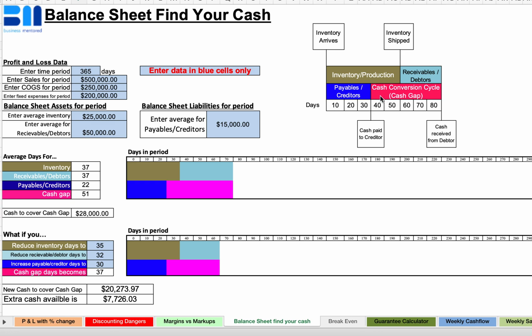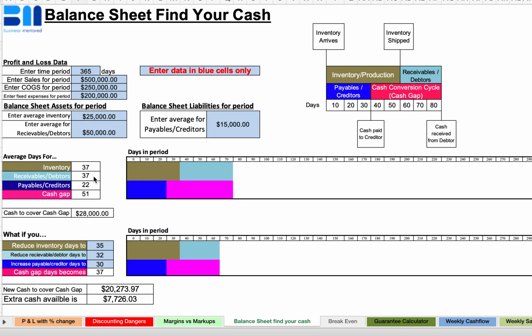The cash conversion cycle is the time it takes from when we pay money out to when we get the money in. That's the cash conversion cycle. So if we look down here, it does all of these calculations automatically for us. In this instance, with these figures in the blue, we have 37 days of inventory, and our receivables have been 37 days on average.